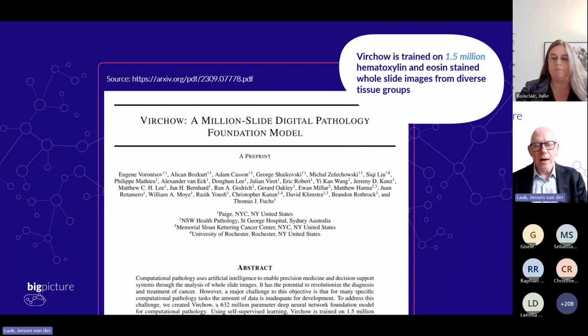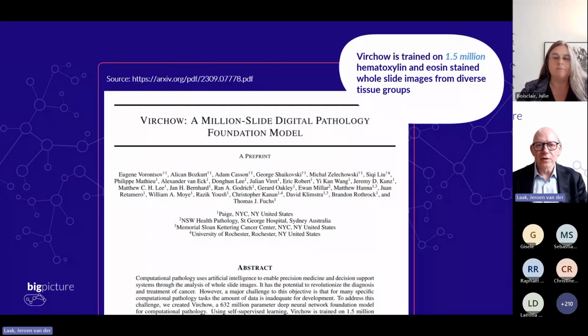Now, Paige managed to do this for 1.5 million slides. That's cool. The thing is, Paige is a very well-funded company, and of course, this is doable for, say, a very limited number of parties worldwide. But to really make these models available to a very large audience, also to very small companies and to academics, requires data to also be openly available.